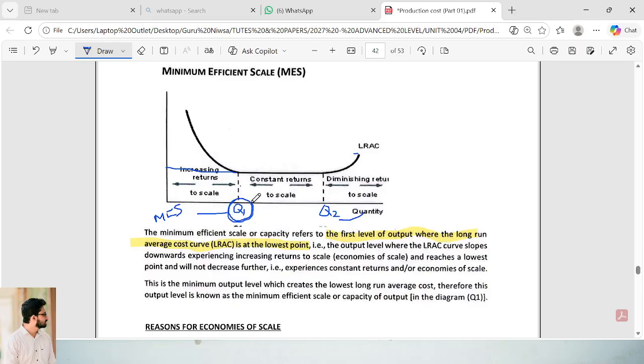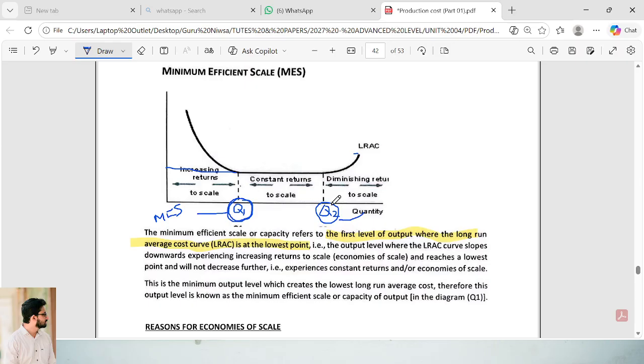Q1 is the lowest output level which is required to achieve the lowest LRATC. Q2 is the highest output level that has to be maintained to avoid this diseconomies of scale.